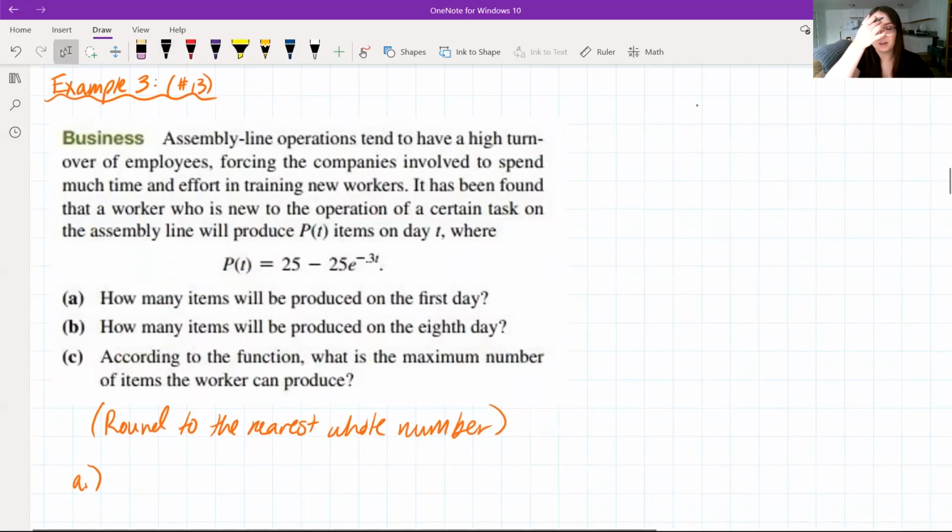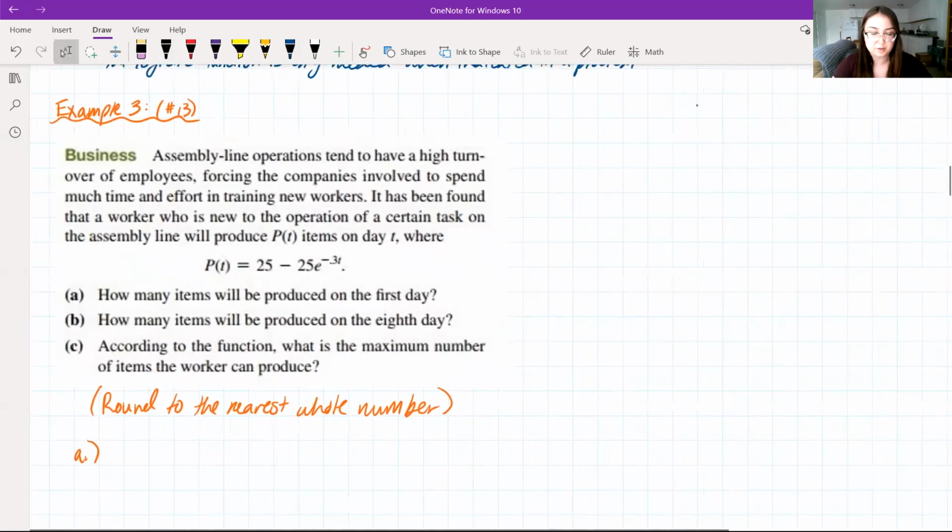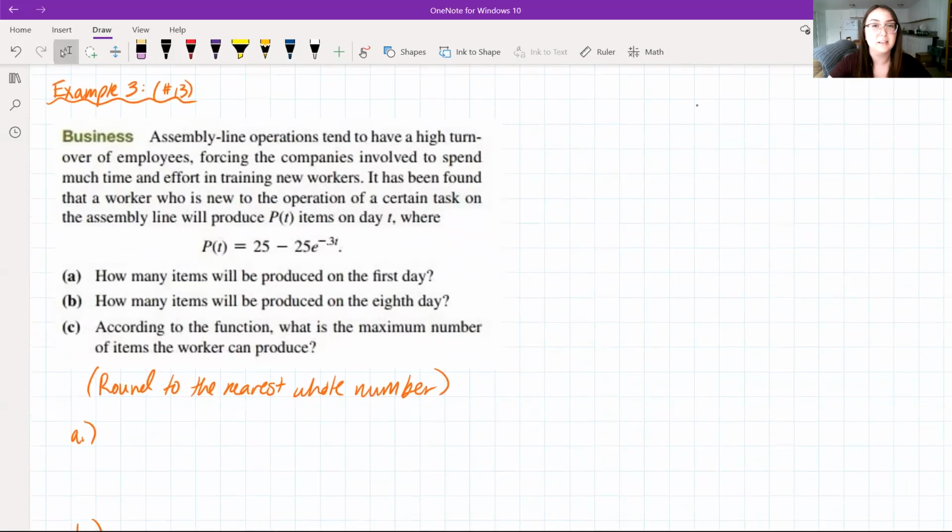All right. Our first example from section 4.2 is going to be example 3 here, which is number 13 in your section 4.2. Assembly line operations tend to have a high turnover of employees, forcing the companies involved to spend much time and effort in training new workers.